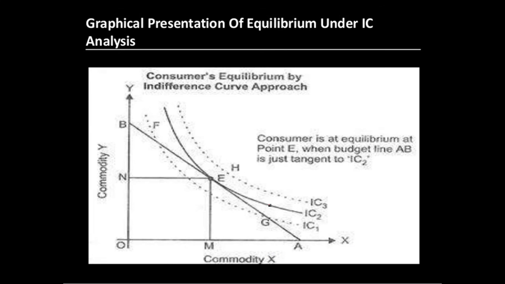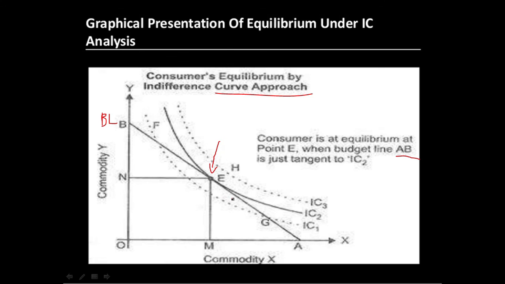Now let us see in the graph the consumer's equilibrium by indifference curve analysis. The consumer is at equilibrium at point E. This is the equilibrium point where the budget line AB is just tangent to the IC. This is the budget line.